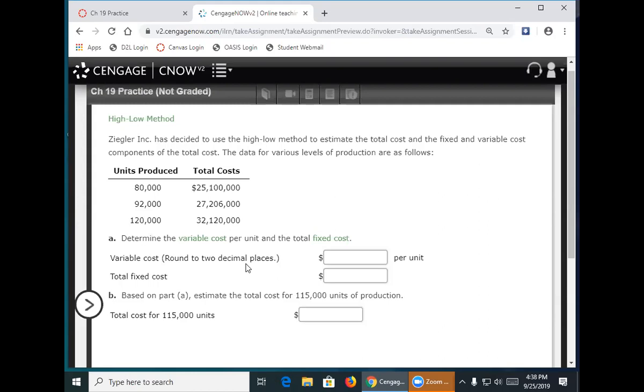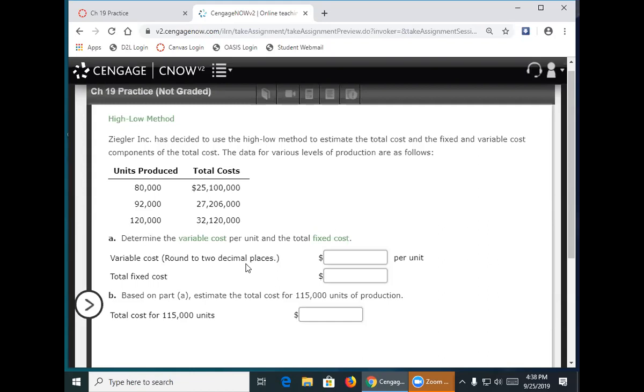Always base it on the highest and lowest activity, not the price. A lot of times they're the same, but you may find that they aren't. So always go off of the activity level.